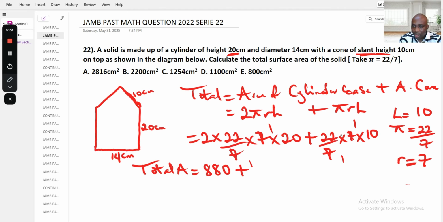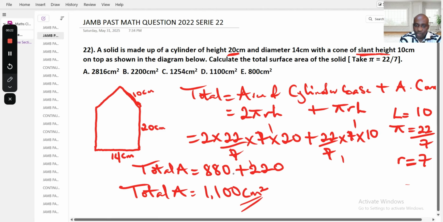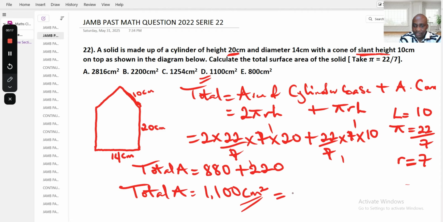Plus, what do we have left here? 22 times 10 is going to give us 220. Now 880 plus 220 is going to give us 1100. Therefore, the total surface area is 1100 square centimeters. Do you have 1100 here? Yes, D. Our final answer is D.